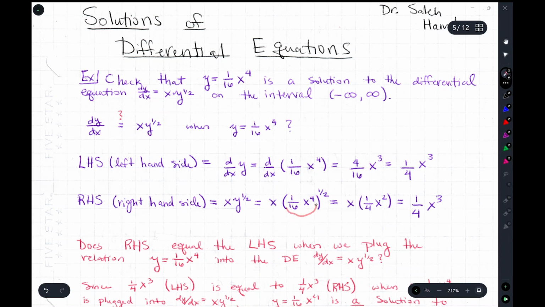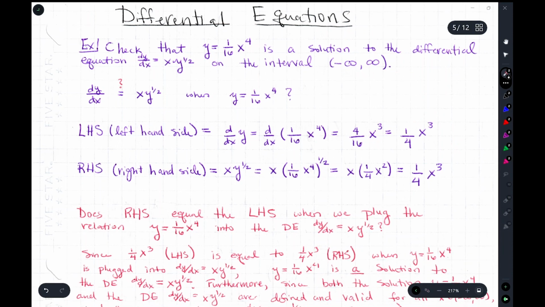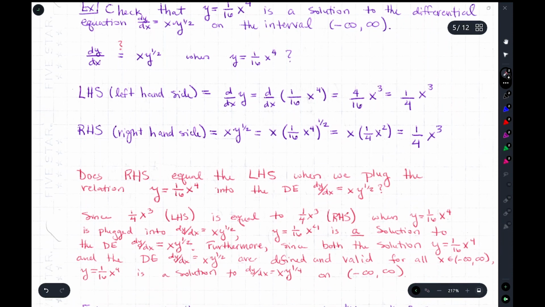And so we plug in y into the right-hand side, and we get this expression here, which ends up being equal to 1/4 x cubed. Now, we ask the question, does the left-hand side equal the right-hand side on all of R, the real line? And the answer is yes, okay?